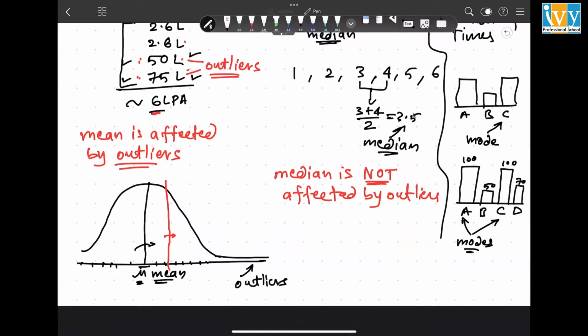So there are two modes. Why? Because both of them are present equal number of times. So this type of data is also known as bimodal. There are two modes, two unique values that are present equal number of times.